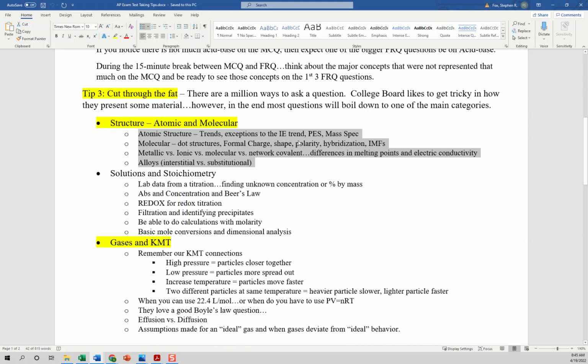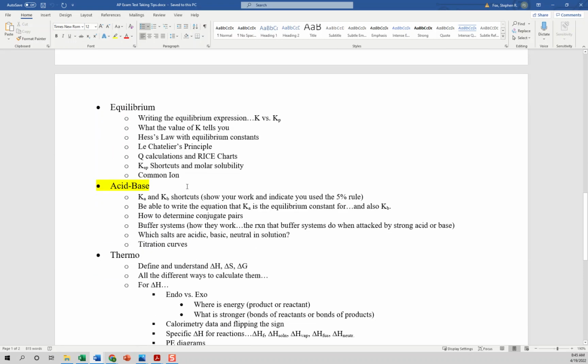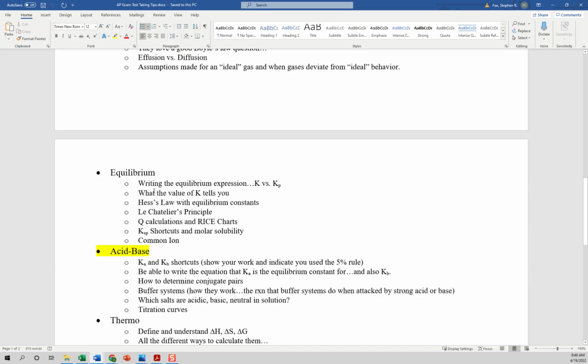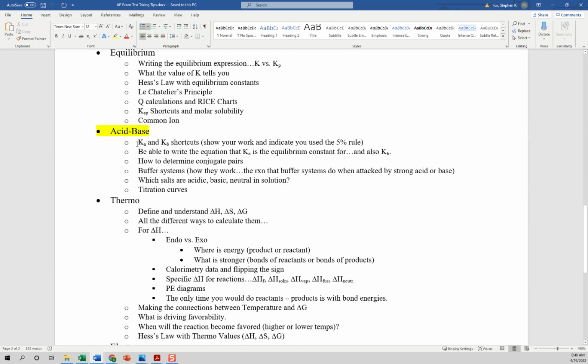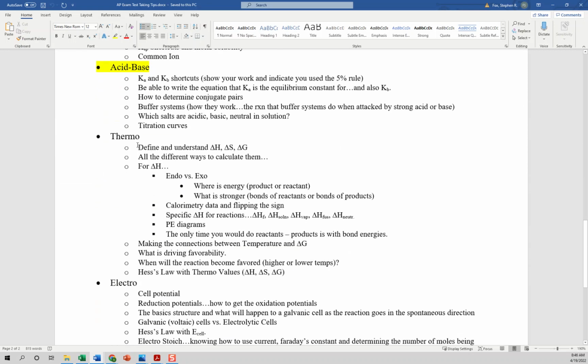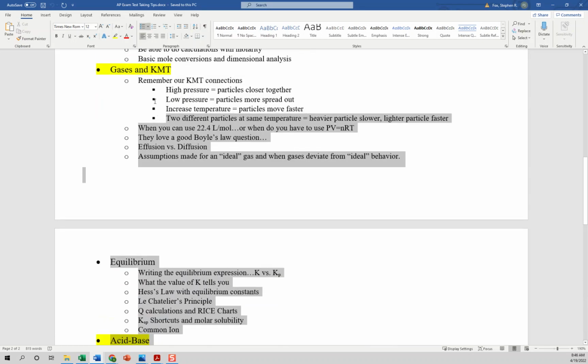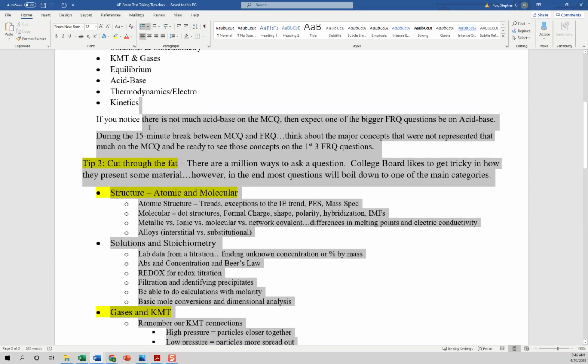You know about those, make sure you go back and review those, right? Now the ones I highlighted are the ones that get asked the majority of the time. So if you take the structure, the gases KMT, and the acid base, that's going to be a big chunk of the test. And I'll show you what I mean by that later. But 90% of the questions are going to fall under one of these topics, so know that going in, okay?